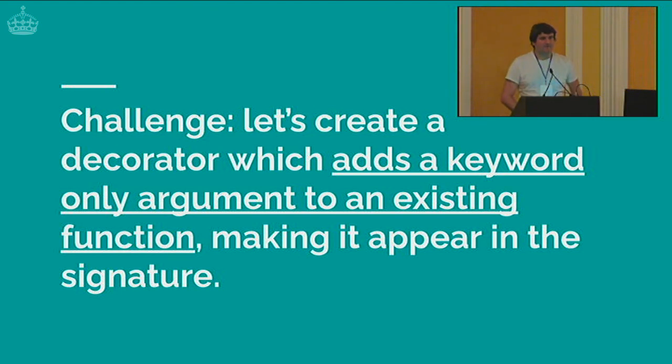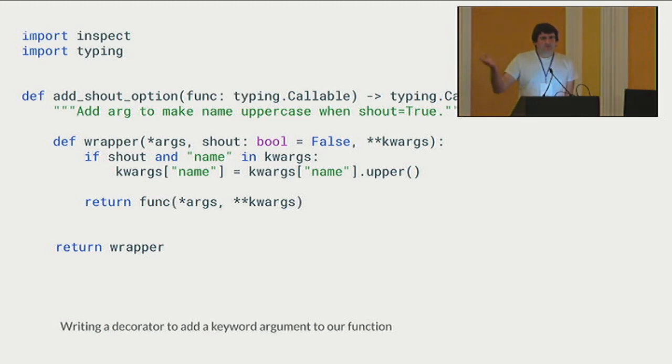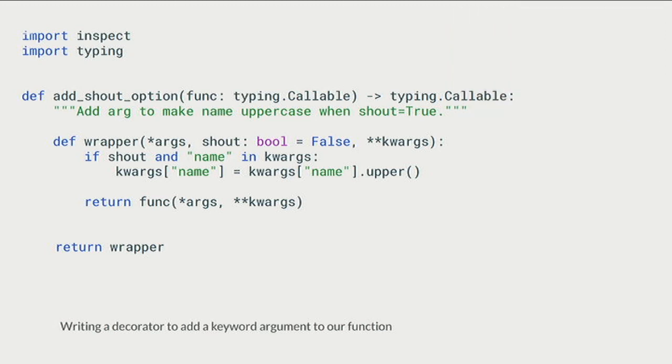And we want to make that appear to any other tool that wants to instead ask, what's the signature of this function? Oh, it's got an extra keyword argument now. Now the example here isn't particularly useful code, but it's useful for demonstration purposes. I'm adding this shout option. So it's a decorator, and what it does is it adds a new keyword argument to the function definition here.